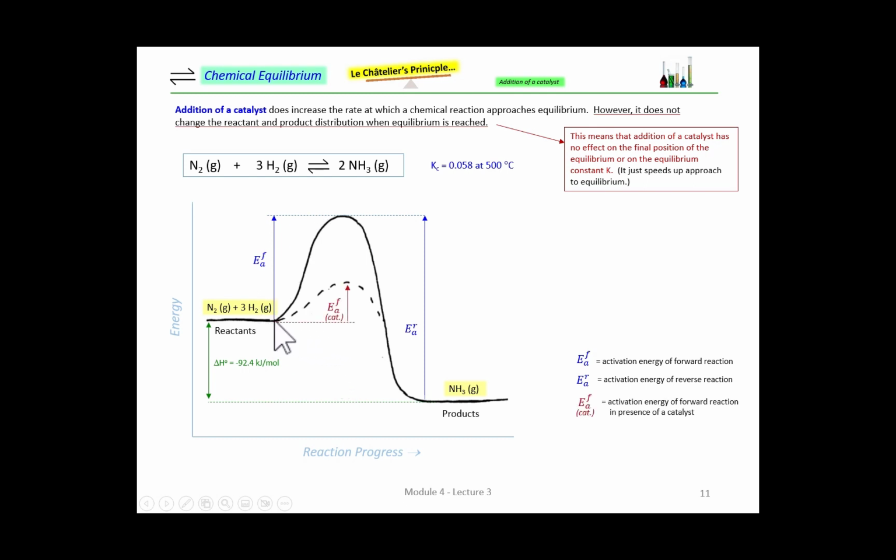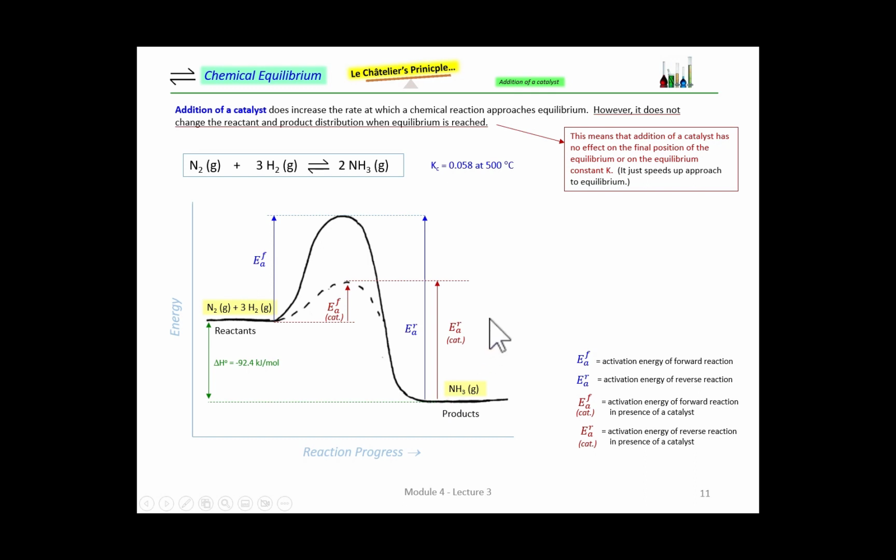If we add a catalyst, we provide this alternate pathway. This alternate pathway has a lower activation energy for the forward reaction, so I've marked this the catalyzed pathway. That means that the reverse reaction in the catalyzed pathway would be marked right here.